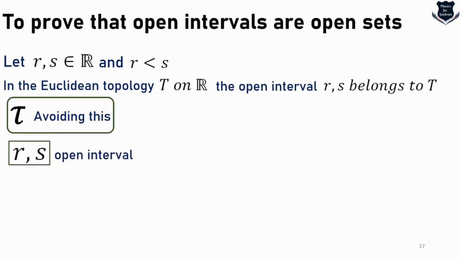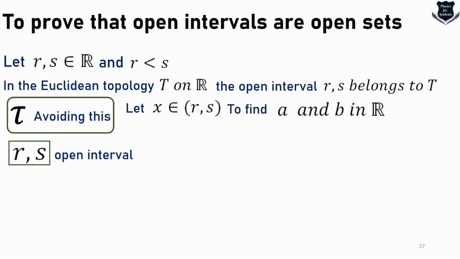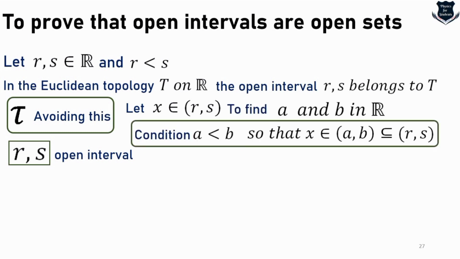So let us consider that we are given that (R, S) is an open interval. Now we must show that (R, S) is open in the Euclidean topology, right? So what we will do is that we will begin by assuming X is an element of (R, S), and find A and B in R. So the condition is that A will be less than B, so that X is an element of (A, B), which is a subset of (R, S).